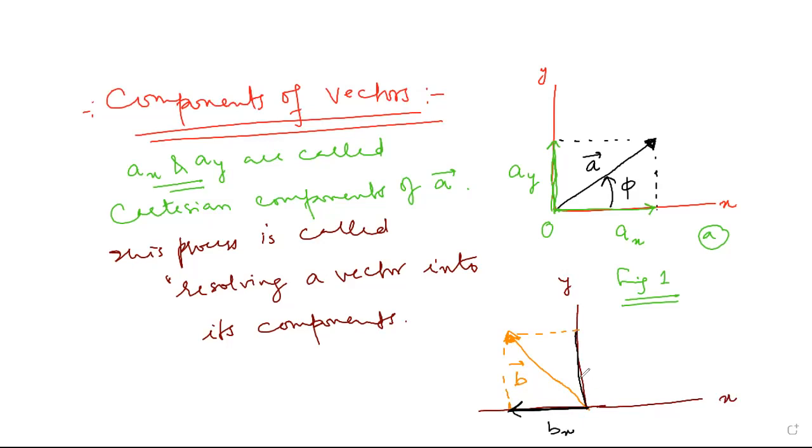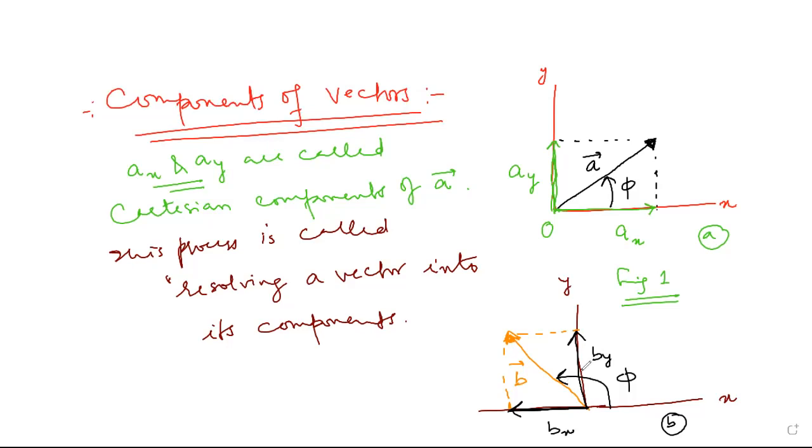This length is By. This is my angle phi. This is part B of the figure. So I'm saying that the components of the vector can be positive, negative, or zero. Now in figure 1a, vector A has components AX and AY. They are both positive. In figure 1b, vector B has Bx negative and By positive, right?